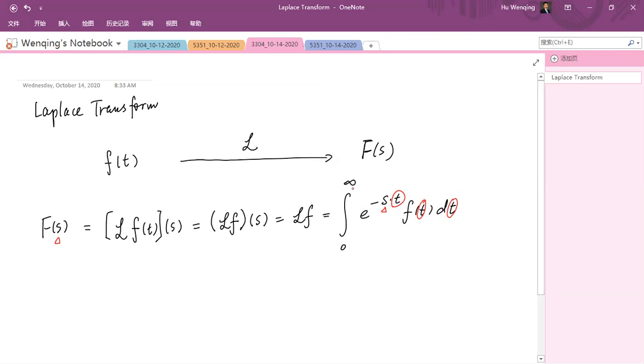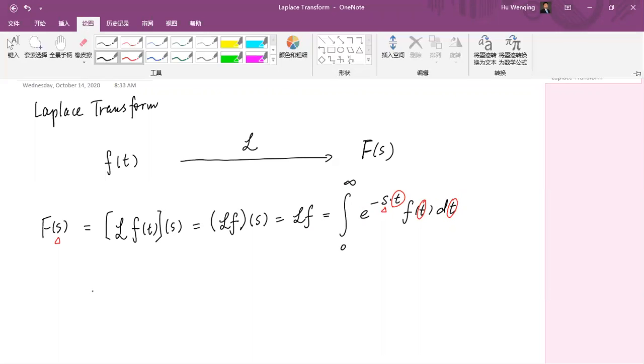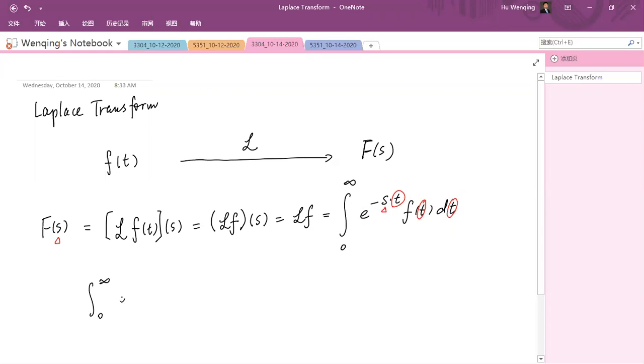Now the second thing is, let's say you want the integral to converge. You want the integral from 0 to infinity of e to the power minus st, multiplied by f of t, dt, to converge. When is the integral convergent? Well, if s is less than 0, then you're going to have an exponential blow up.